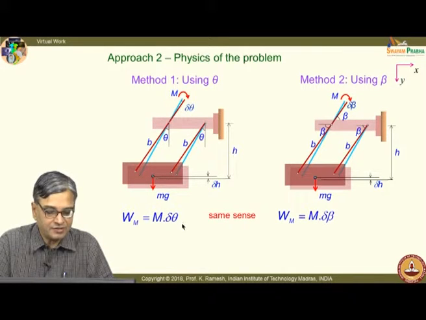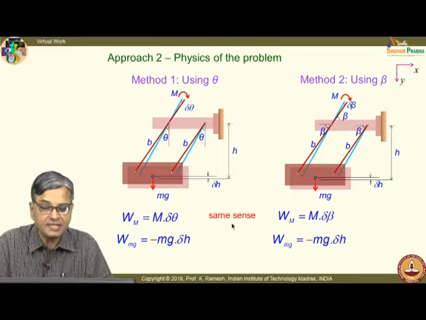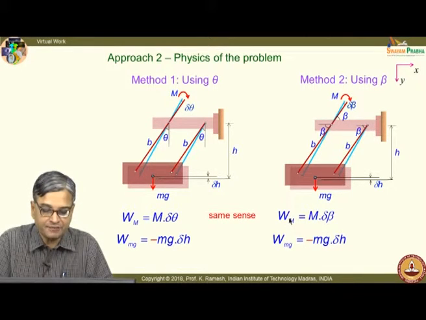So, I have this: the force and the corresponding displacement are in the same sense. So, I write the work done as positive. And mind you, I think I should have put delta Wm and delta Wmg.